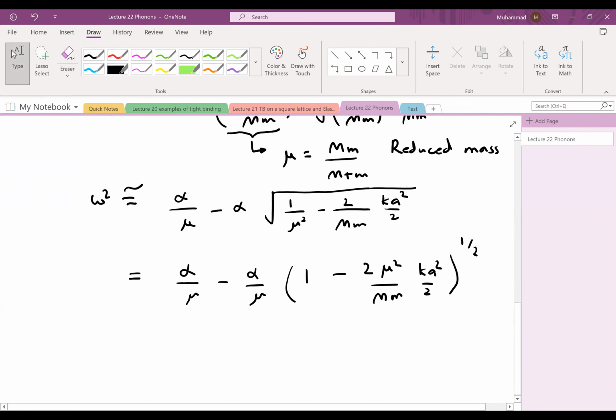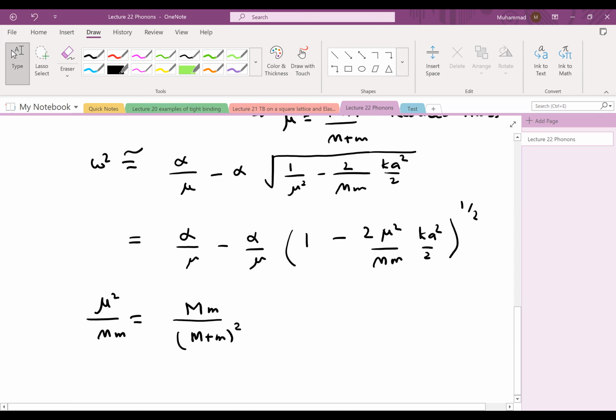And I can determine mu square over M m as M m over M plus m whole square. So I can just put this value in here.